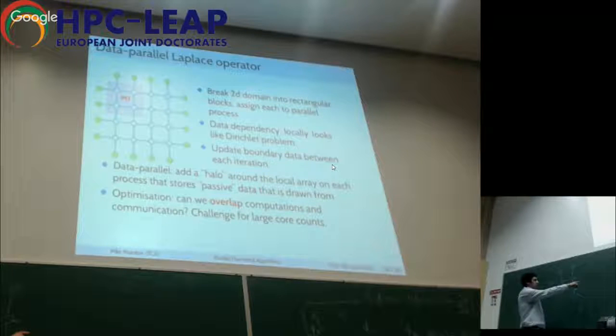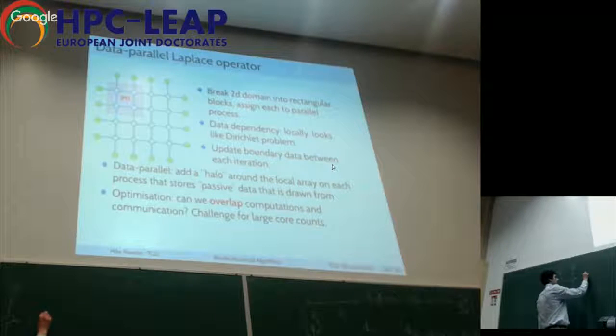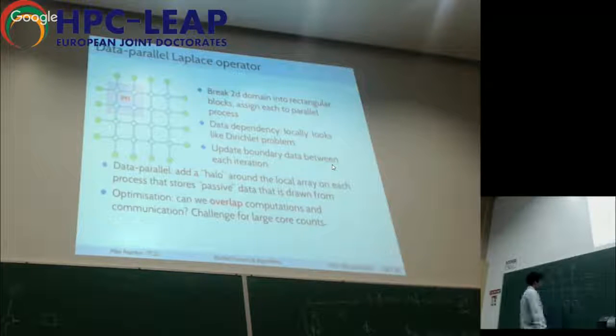But I'm also going to pad the array, let's draw a different symbol, on these other 2 sides as well. And these are going to be my, so this is Dirichlet data, which I set up at the start.